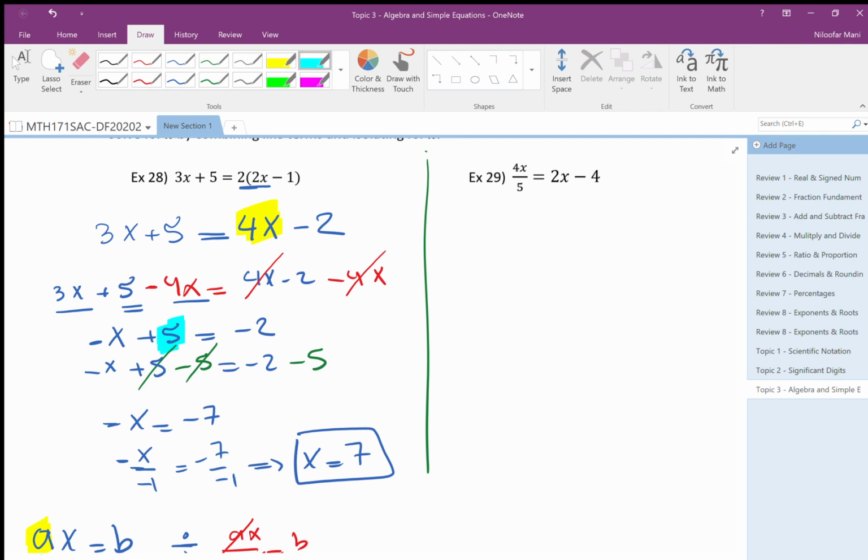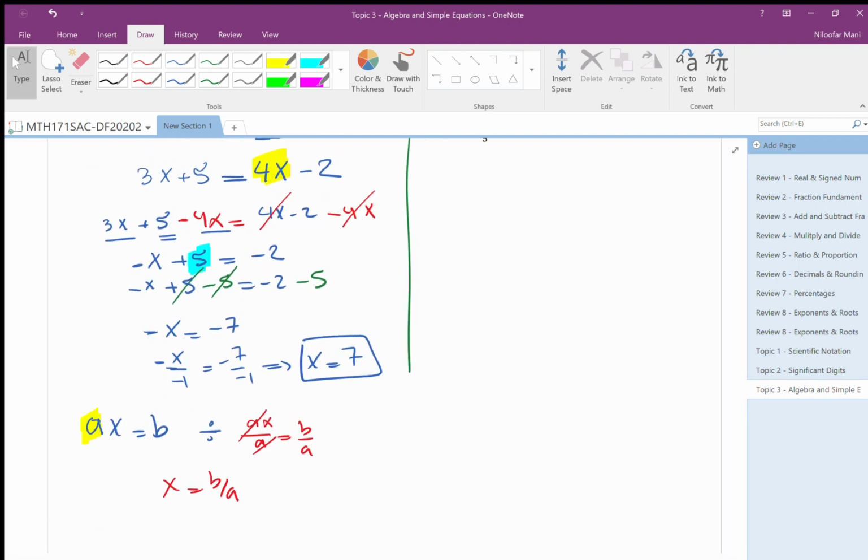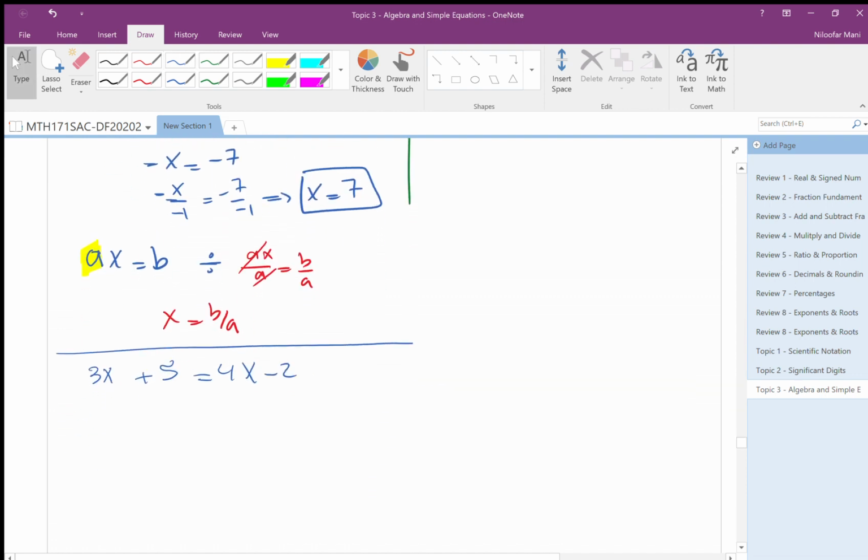So can I say, when I have 3x plus 5 equals 4x minus 2, I move whatever has x to one side, and whatever doesn't have x to the other side.